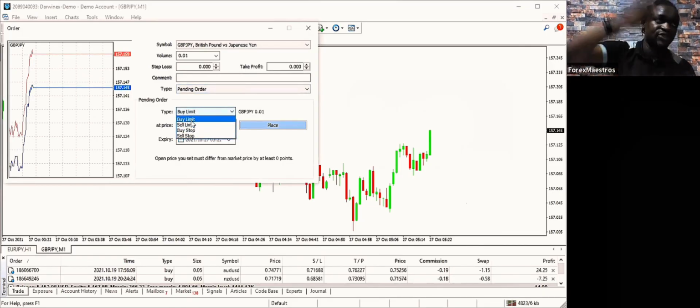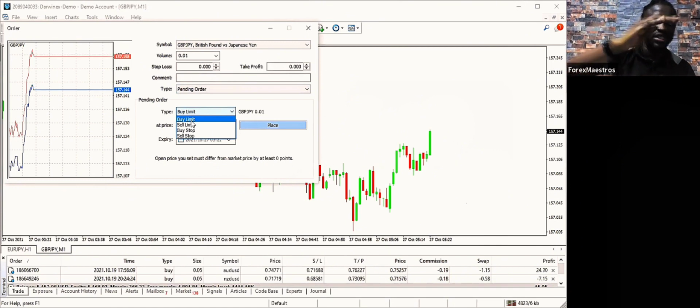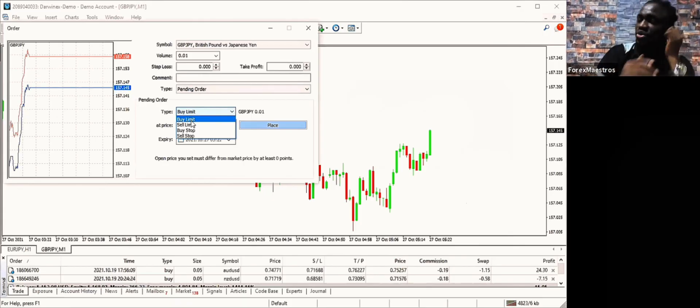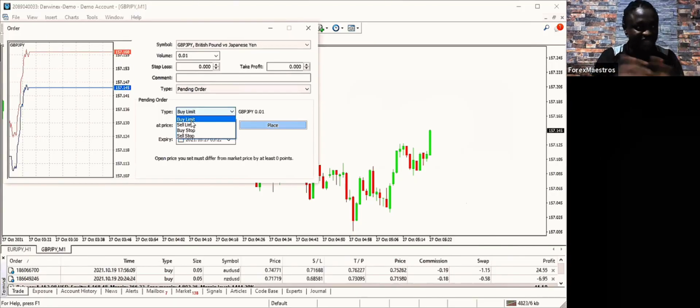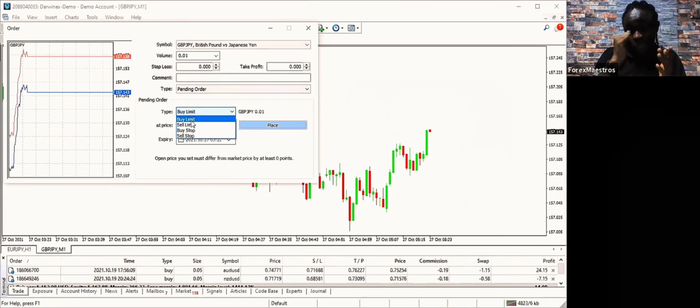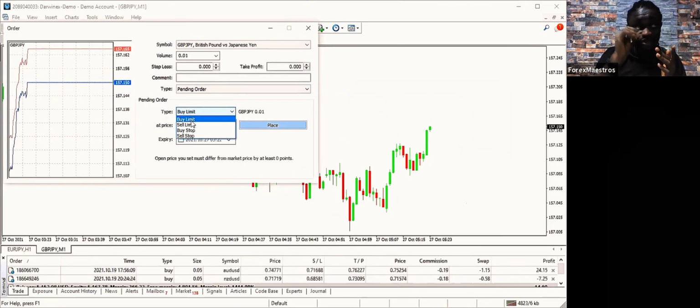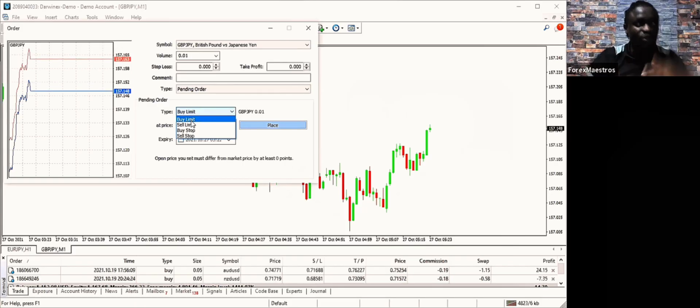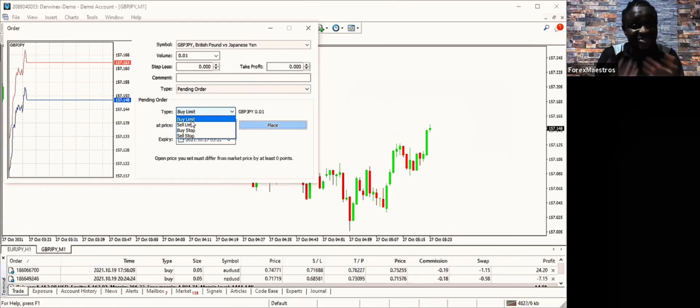Buy limit is as price is going up, if price falls a bit, I want to go into the market. Sell limit, as price is going down, if price rises a bit, I want to go into the market. I'll give you a good example, the Nigerian dollar, Naira dollar. People who buy dollar keep saying, look, dollar is going to fall a bit. We know dollar is going up, like you were taught yesterday, but I want to buy dollar and keep investing in it.